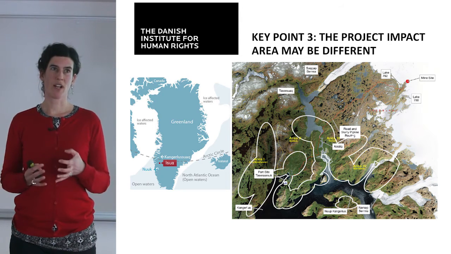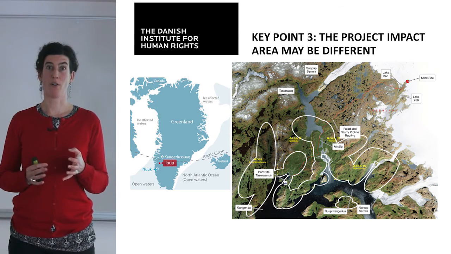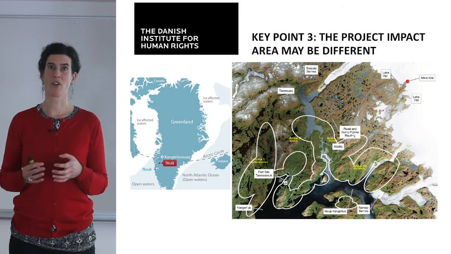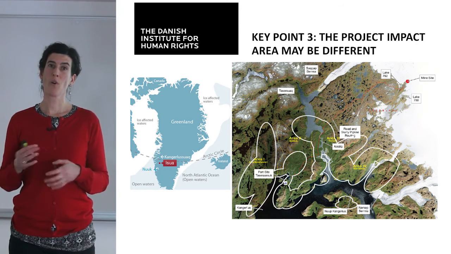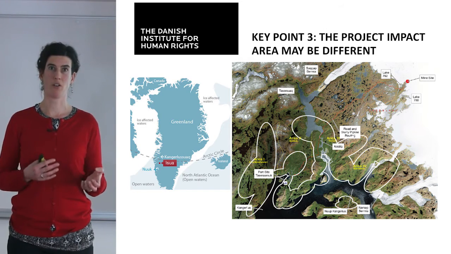Whereas from a human rights perspective, you would say you need to consider not the project area of influence, but the project area of impact. So what actually are all the different impacts that might be linked to that particular operation?